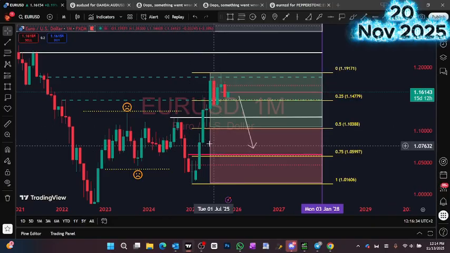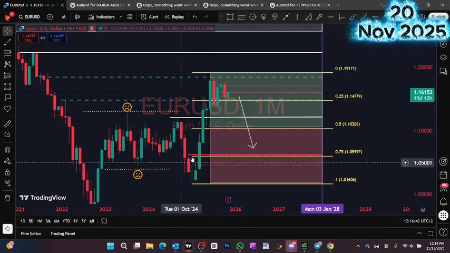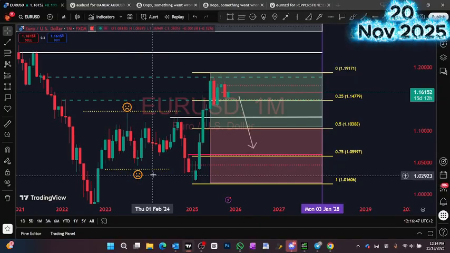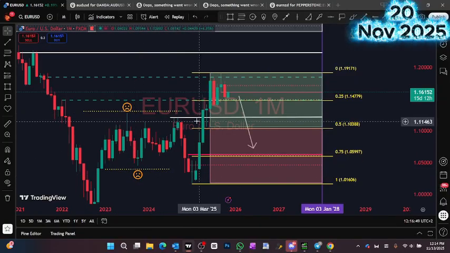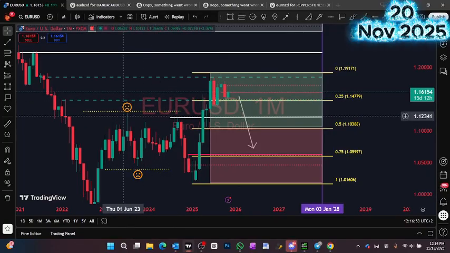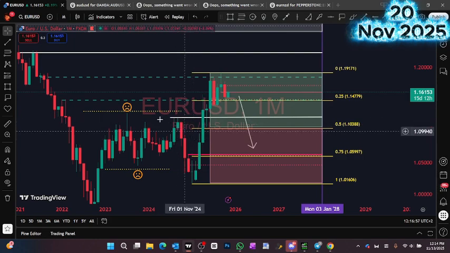Sorry, my screen had paused there. The liquidity that's resting. As it took the liquidity here, price went up, and then took the liquidity of people who were selling because they saw this as resistance and put their stop loss.